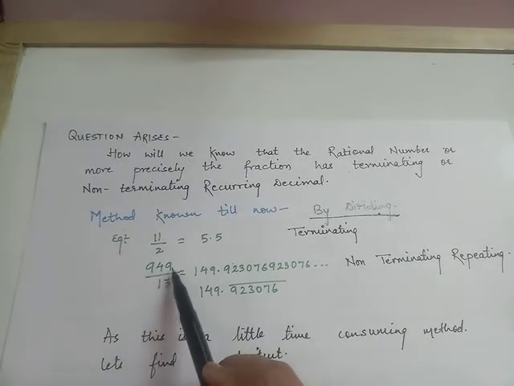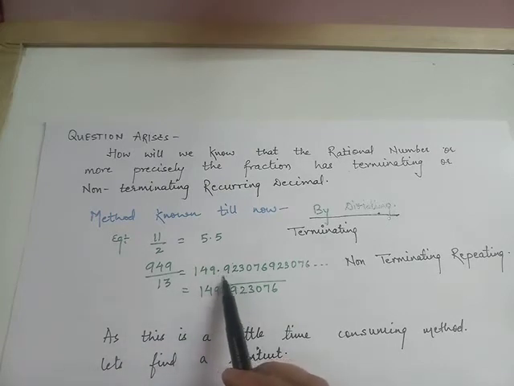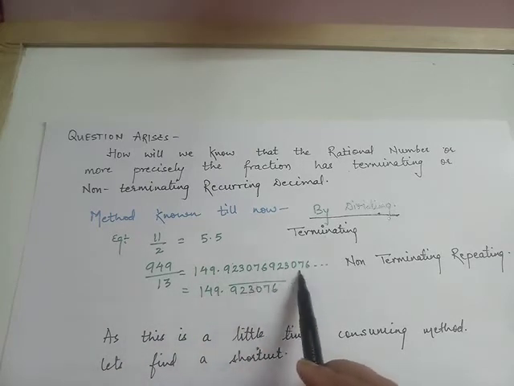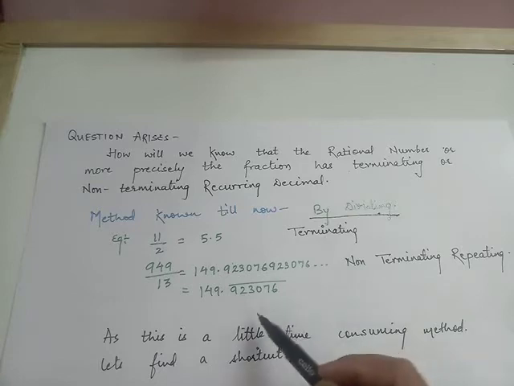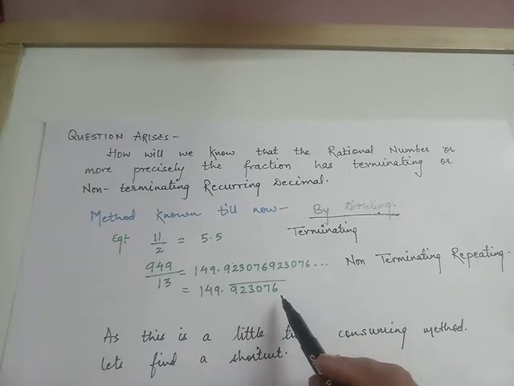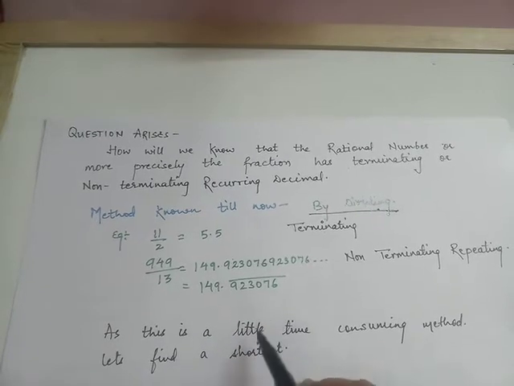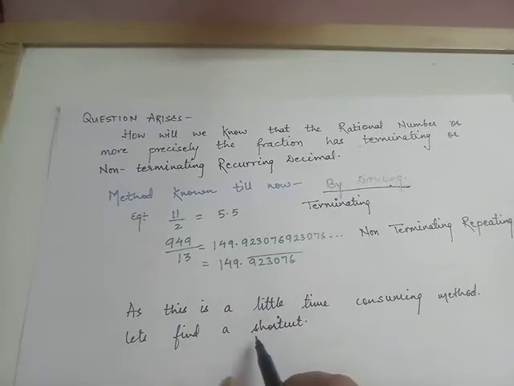But now if we have a larger number or even larger, then it is very time consuming to divide, to go step by step and then to find out whether it is terminating or non-terminating repeating. So to help us with this, we should definitely find a shortcut. Okay.